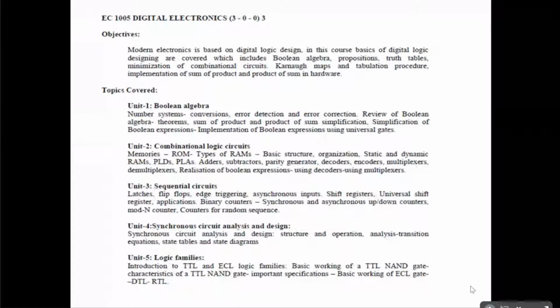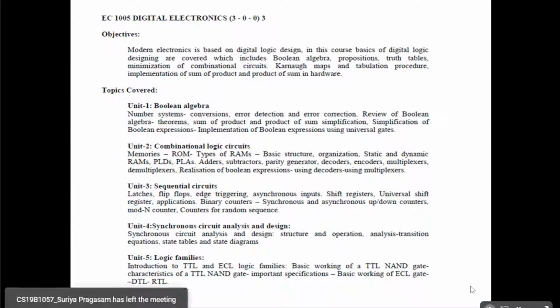So, in second unit, we will discuss combinational logic circuit. Actually, what is combinational logic circuit? It is a circuit. It consists of input and output. For example, take adder. So adder is a circuit. In this, we are going to apply 2 and 3 as input. So it can produce the output as 5.